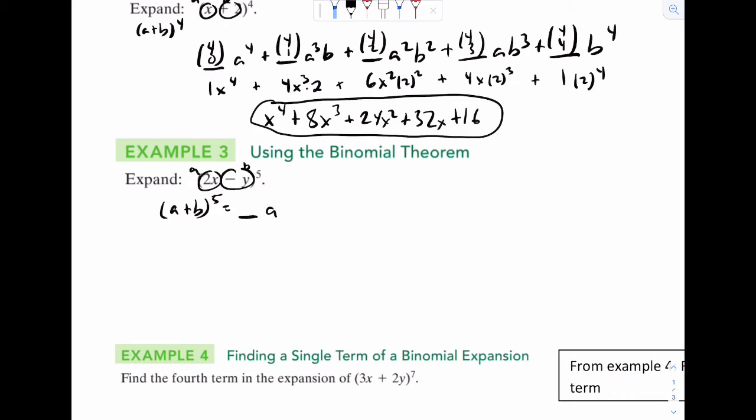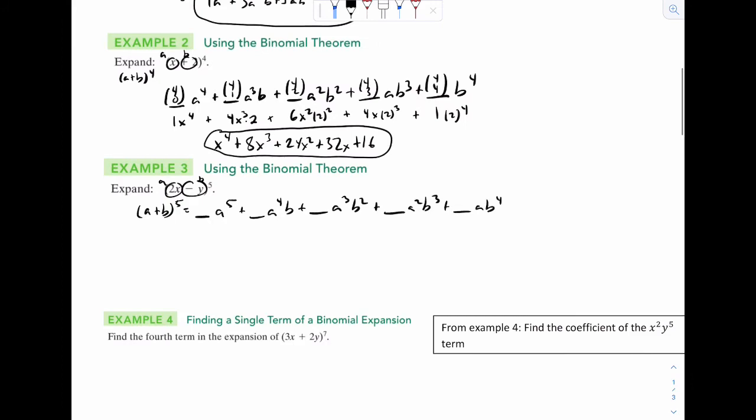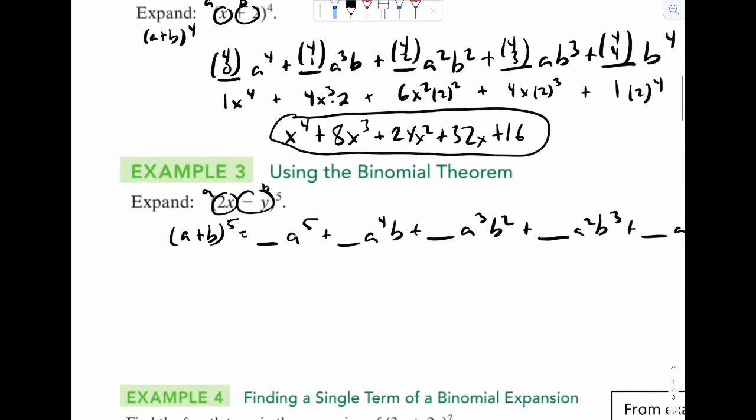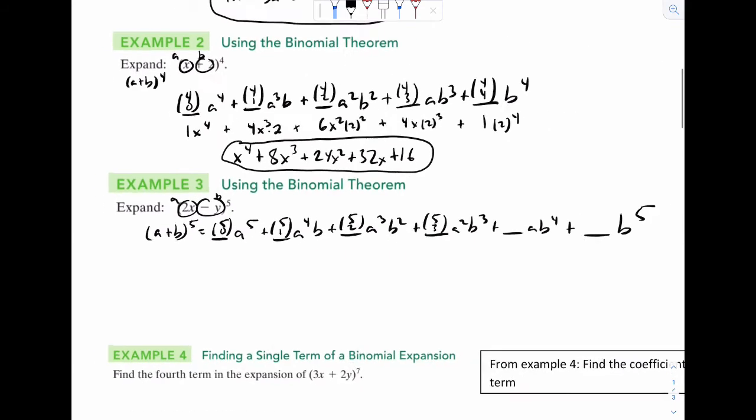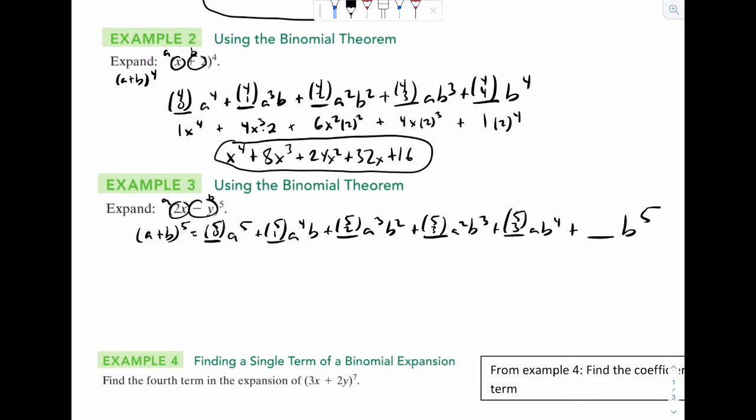So blank a to the 5th plus blank a to the 4th b plus blank a to the 3rd b squared plus blank a squared b to the 3rd plus blank a b to the 4th plus blank b to the 5th. Now fill in the choose function. 5 choose 0, 5 choose 1, 5 choose 2, 5 choose 3, 5 choose 4.